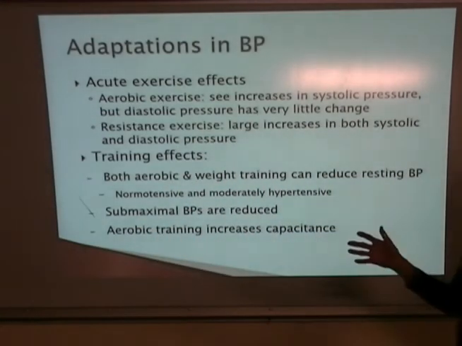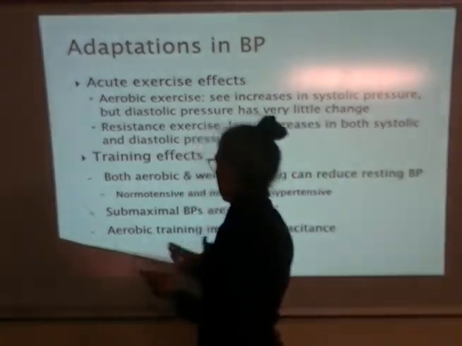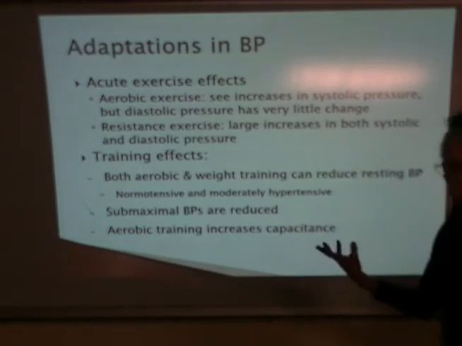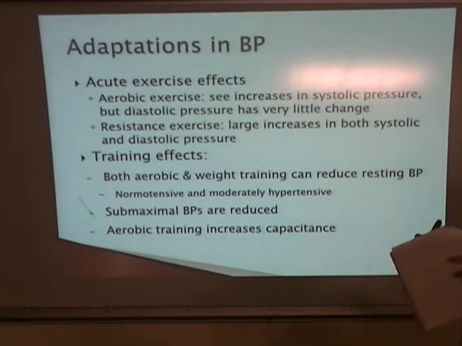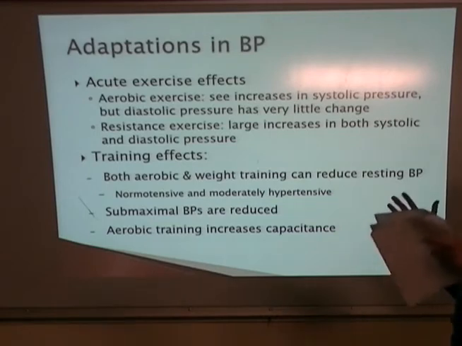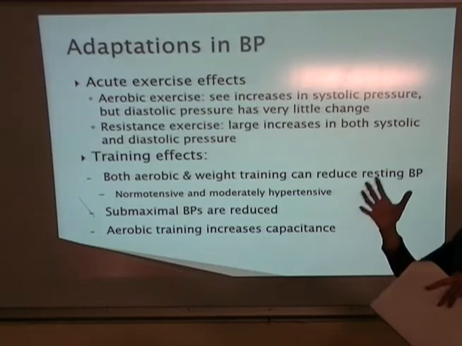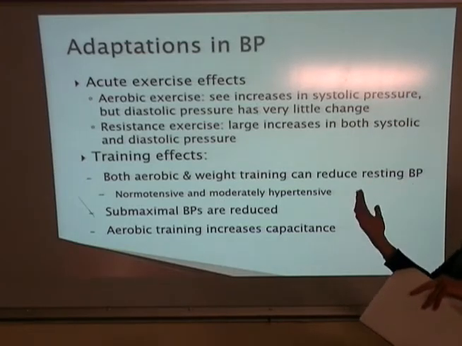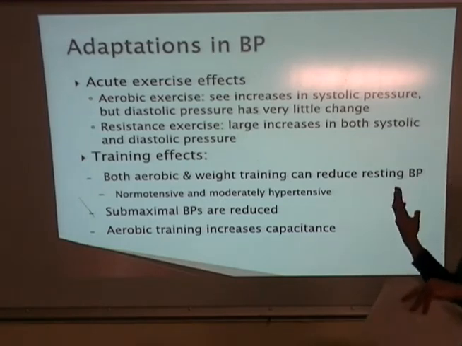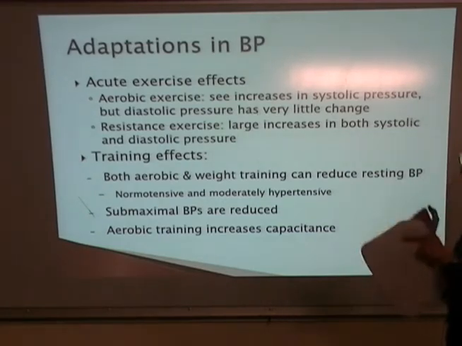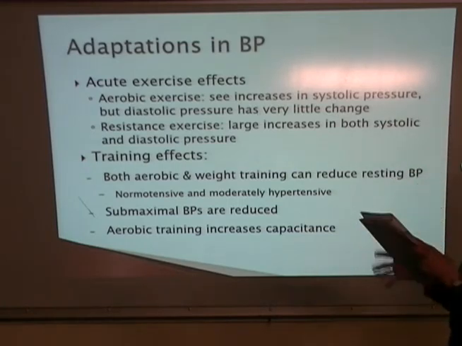Over time, if we keep doing our physical activity, we see both aerobic and resistance work reduce resting blood pressure. That's the one that we talked about last week. We've got to take that early in the morning. We don't really want to have dashed in from training and then take our blood pressure because it's going to be all skewed.